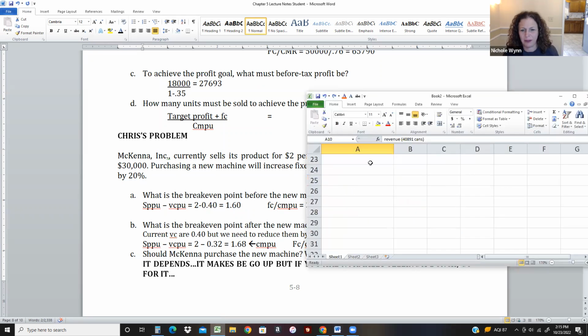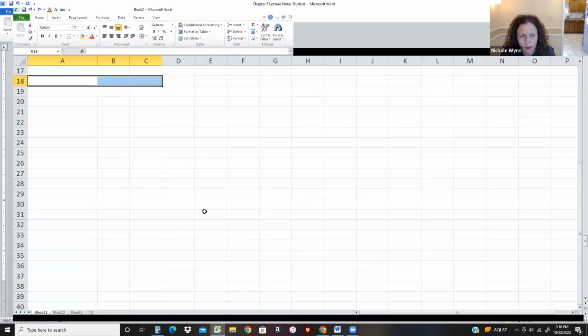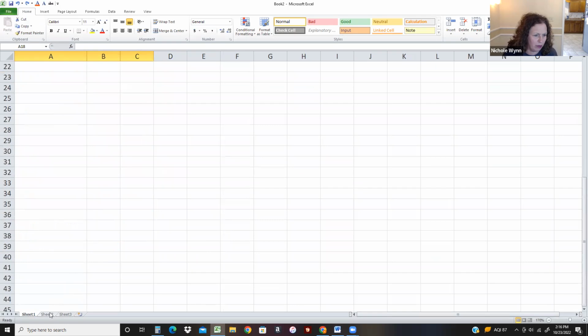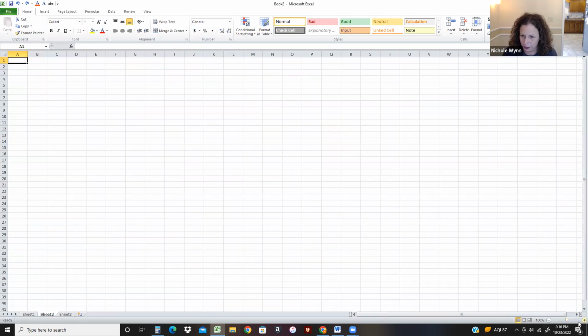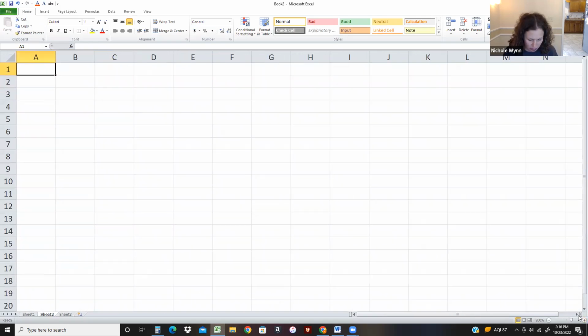So let's take a look at that. Let's say the break even point is 18,750, right? So let's say that right now, and I'm totally just making this up, McKenna normally sells 25,000 units.